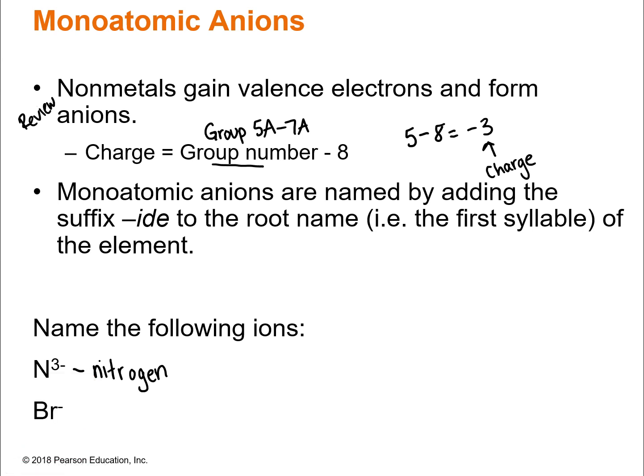We're going to keep the first syllable and get rid of the rest of the word. So that root for nitrogen is nitr. Replace the rest of that word with IDE, so that what you actually have is nitride, and follow that with the word ion.